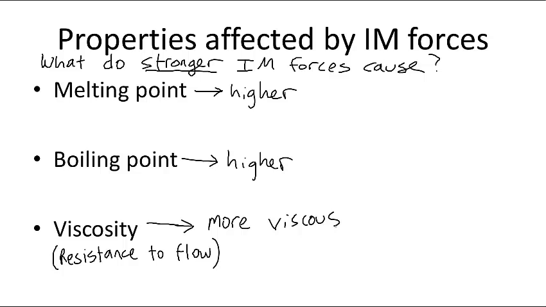Honey has lots of sugar molecules and some water. We looked, I believe, at the model of sugar molecules earlier. Sugar molecules have all these oxygens bonded to hydrogens, and so they can make tons of hydrogen bonds.